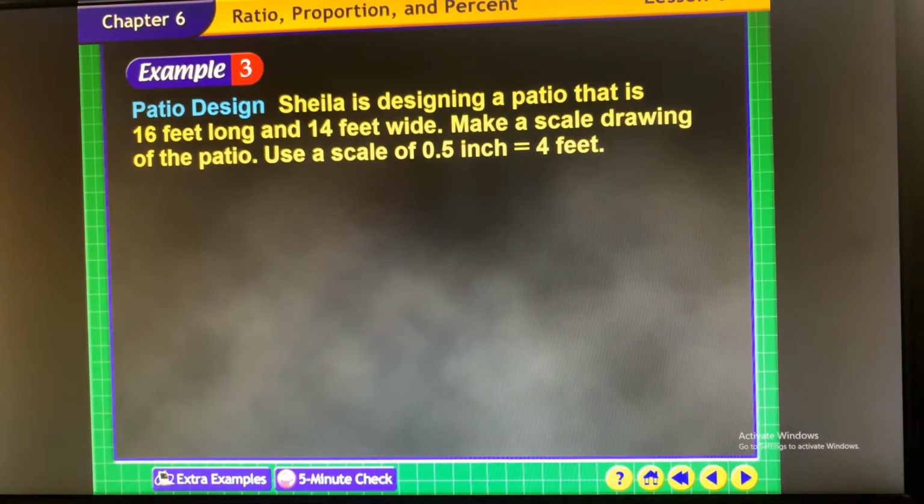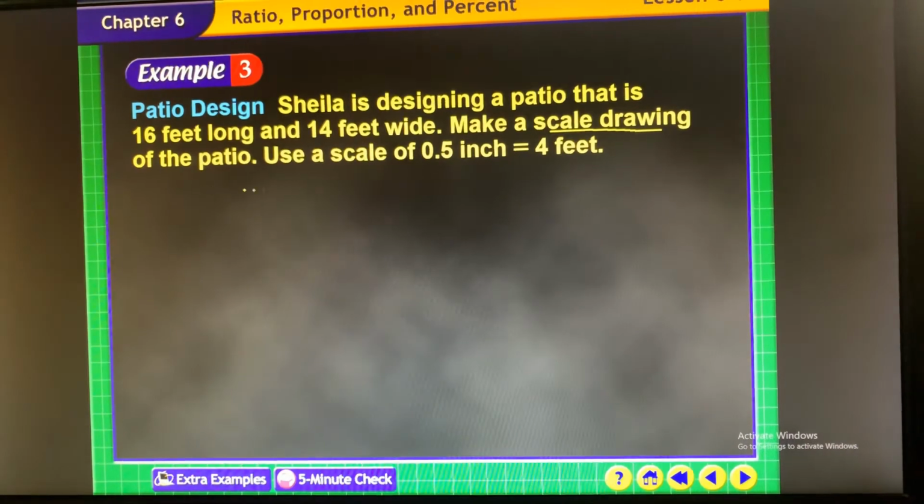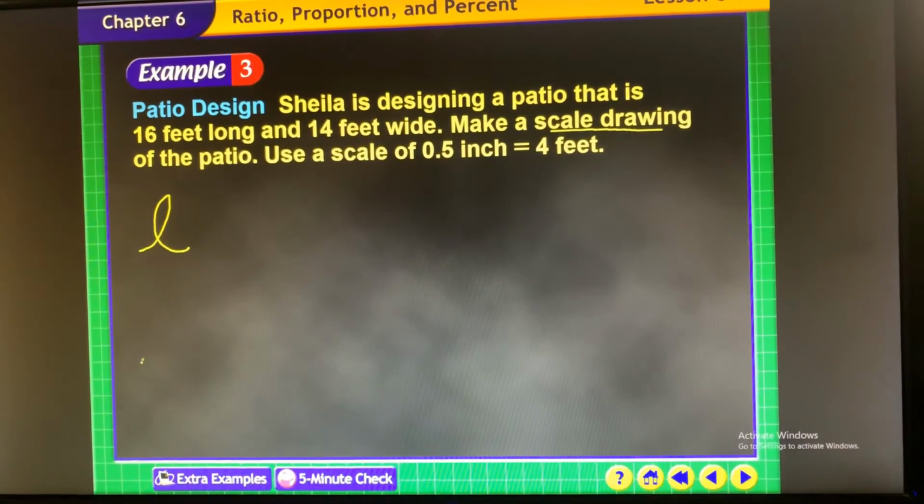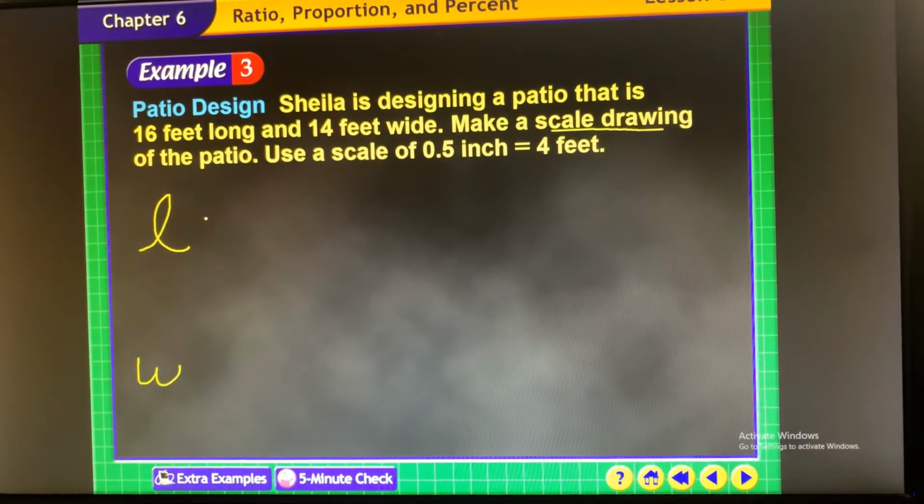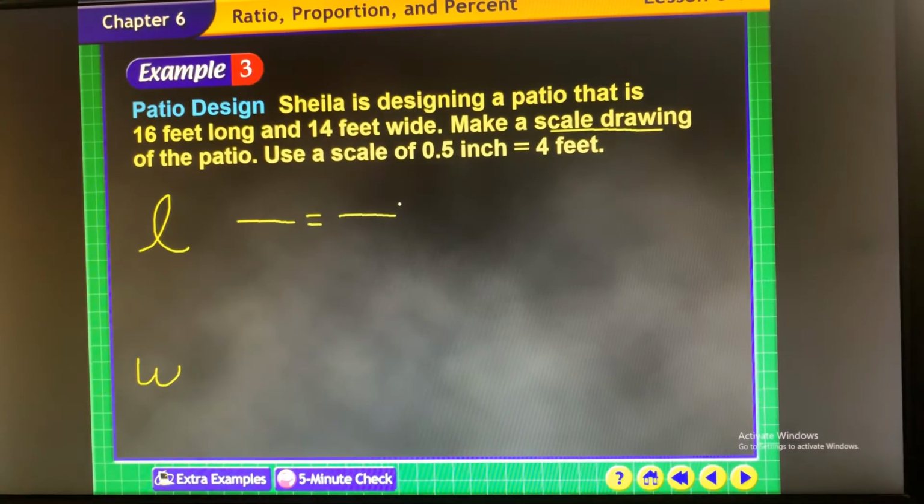Sheila is designing a patio that is 16 feet long and 14 feet wide. Make a scale drawing. You're not going to need to do the drawing for me, but you do need to find the length and the width of the model. So set up your proportion because, like I said to you before, every single thing is a proportion except scale factor.